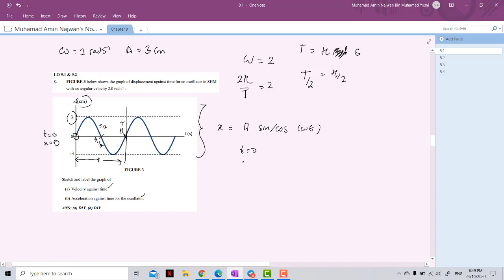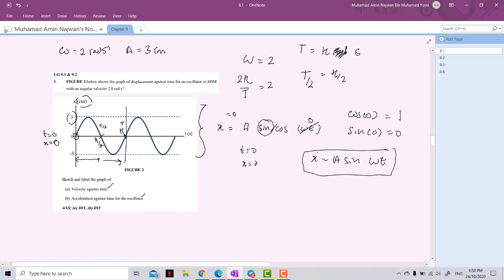Untuk X sama dengan kosong, graf kita mestilah sin. Kenapa bukan cos? Sebab bila cos kosong akan dapat 1. Sin kosong akan dapat kosong. So untuk T sama dengan kosong, X sama dengan kosong, X kita mestilah A sin omega T. So this is our equation, okay, of displacement.